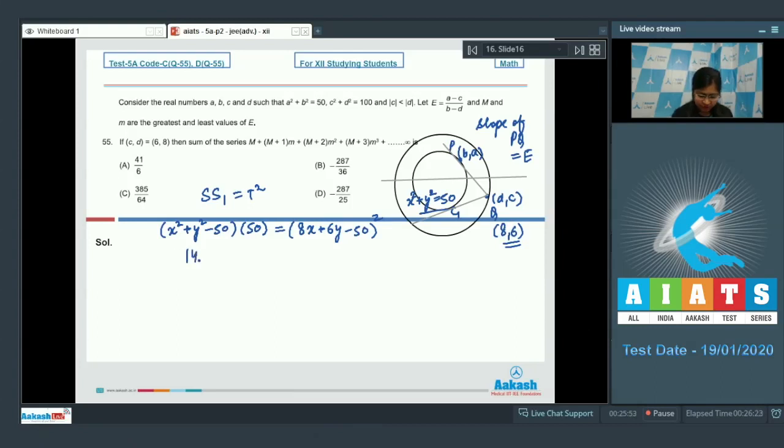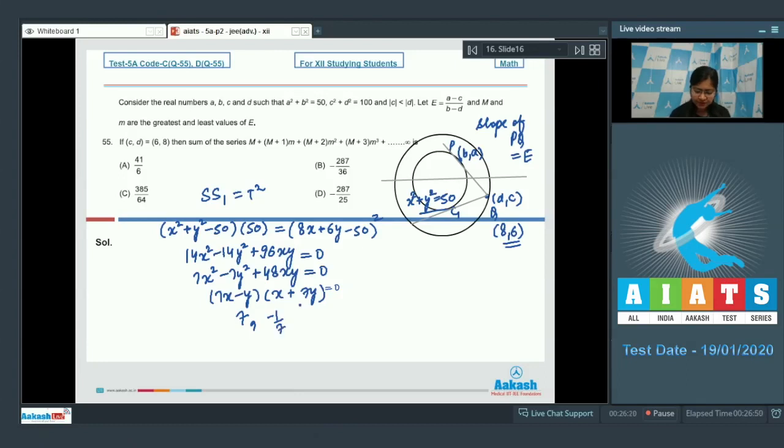It will be 14x square minus 14y square plus 96xy, that is 7x square minus 7y square plus 48xy, that is 7x minus y into x plus 7y. So we can see the slopes are 7 and minus 1 by 7, which means that small m is minus 1 by 7 and capital M is 7.